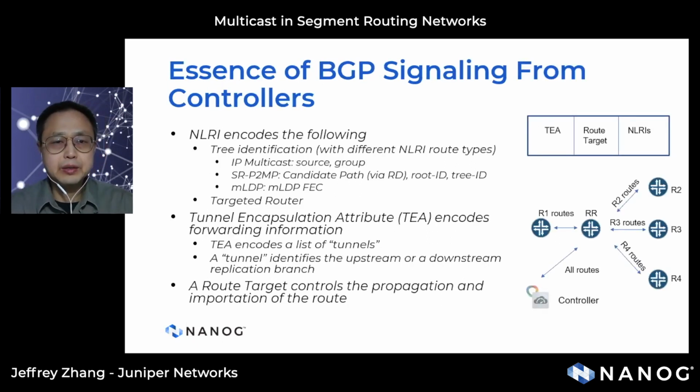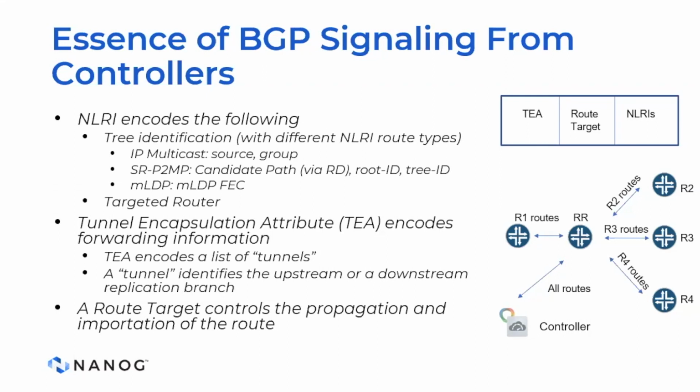A little bit more details here. In the upper right corner, we have part of the BGP update where we have NLRI, network layer reachability information, that encodes the tree identification. For different trees, we will use different NLRI route types.